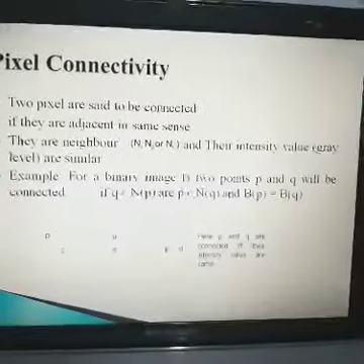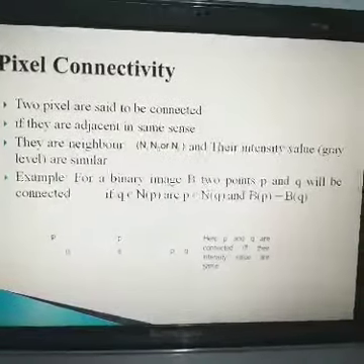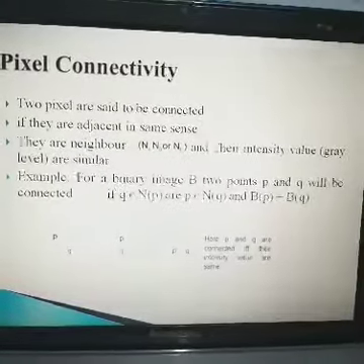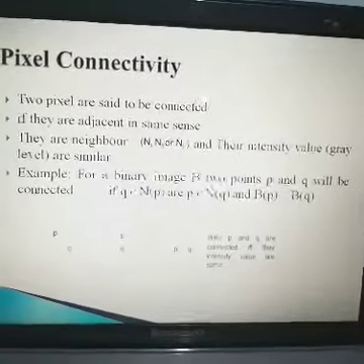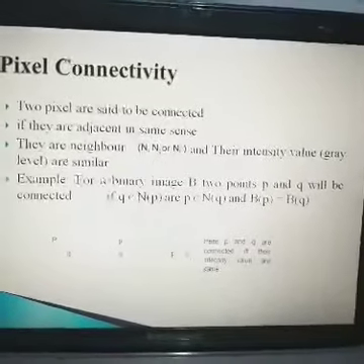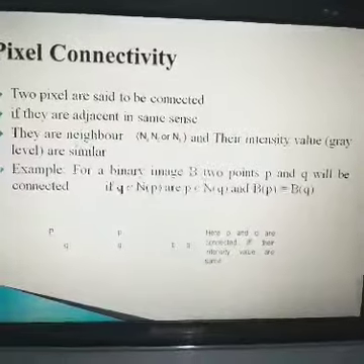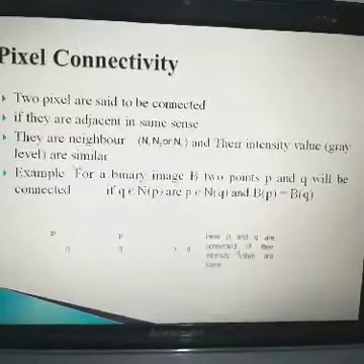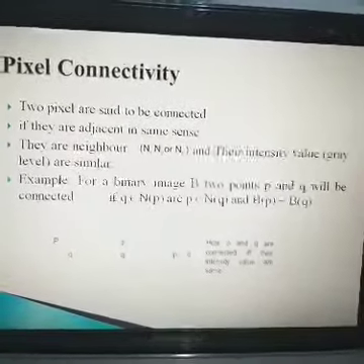For example, for any binary image B, two points P and Q will be connected if Q belongs to the neighborhood of P and P belongs to the neighborhood of Q, so that they are adjacent to each other. P and Q are connected if and only if their intensity values are the same.